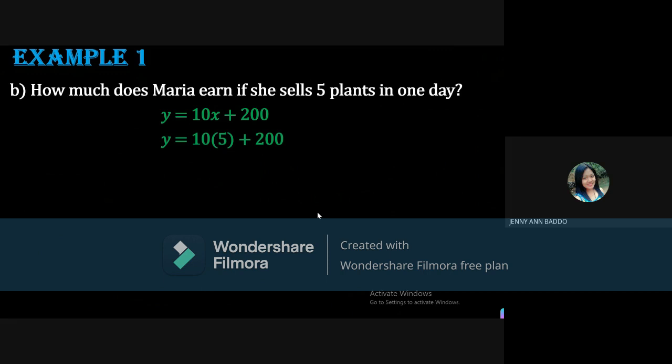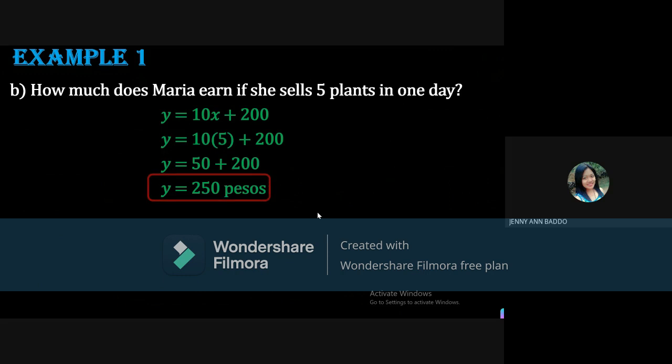And 10 times 5, that's 50, plus 200 is 250. Therefore, y equals 250 pesos. Take note, in solving problems, do not forget to write the unit.